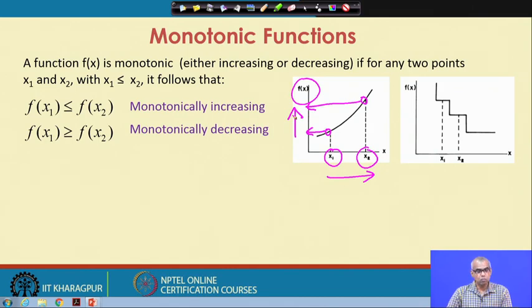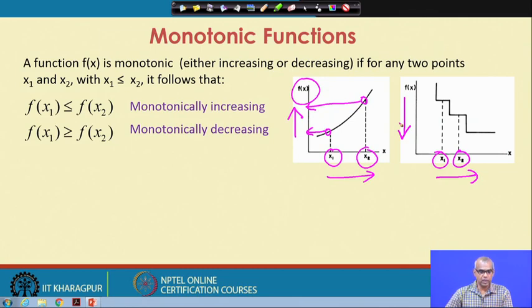The reverse is monotonically decreasing functions. So, if I take 2 points x 1 and x 2, as I increase from x 1 to x 2, the function value decreases. So, in case of a monotonically increasing function, the function value increases as I increase the independent variable.